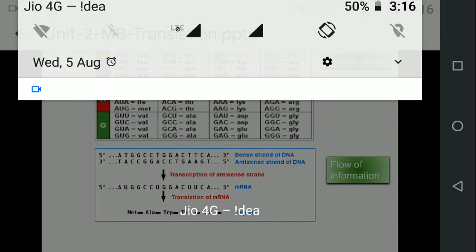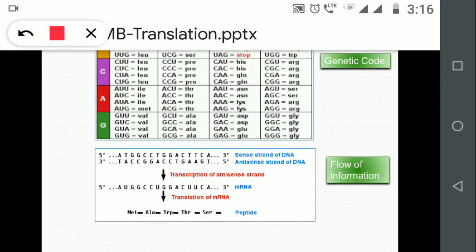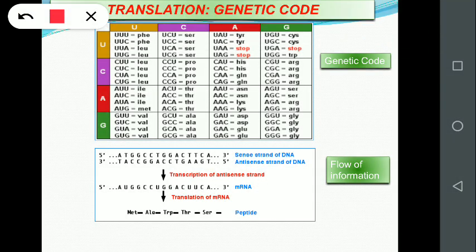So in this genetic code table you can see here first one is UUU. UUU codon codes for phenylalanine. So whenever a UUU sequence occurs in an mRNA molecule, that UUU codes for phenylalanine in the corresponding polypeptide chain.